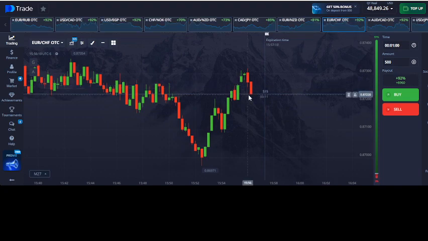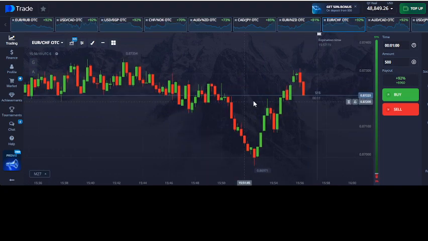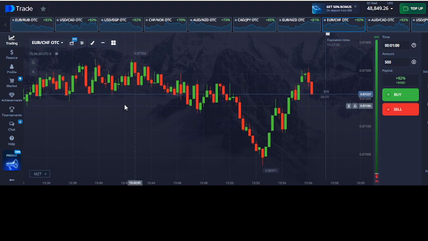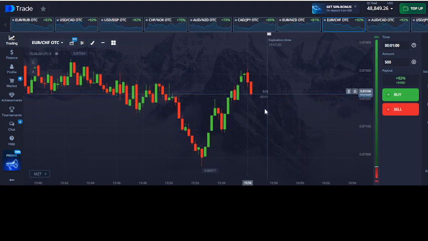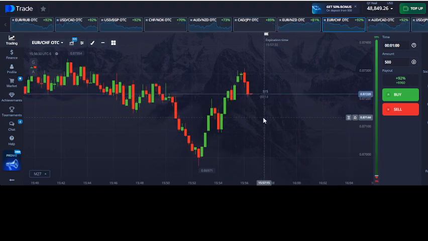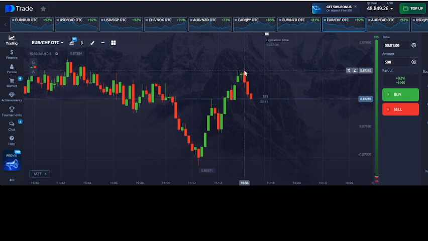The Euro Swiss franc was consolidating, but it looks like it started to break out a little bit. So let's keep an eye on potential gaps. We have a bearish trend forming here.